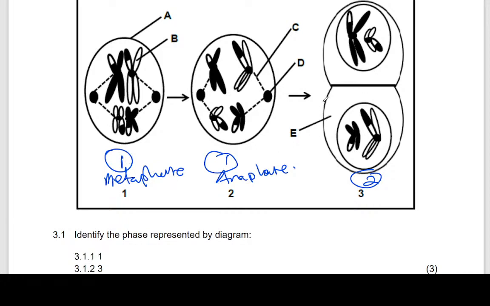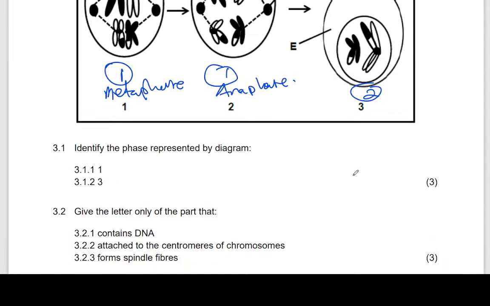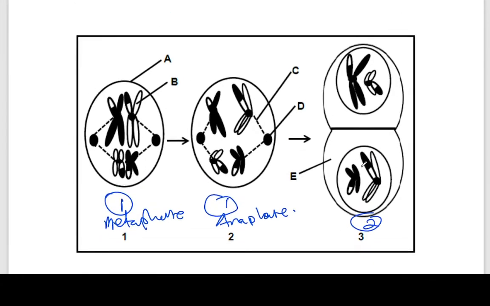This could be telophase 1 or prophase 2. But I'm not seeing centrioles here. Therefore, we can classify it as telophase 1. But sometimes the diagram may be a little bit misleading if you don't read the question.